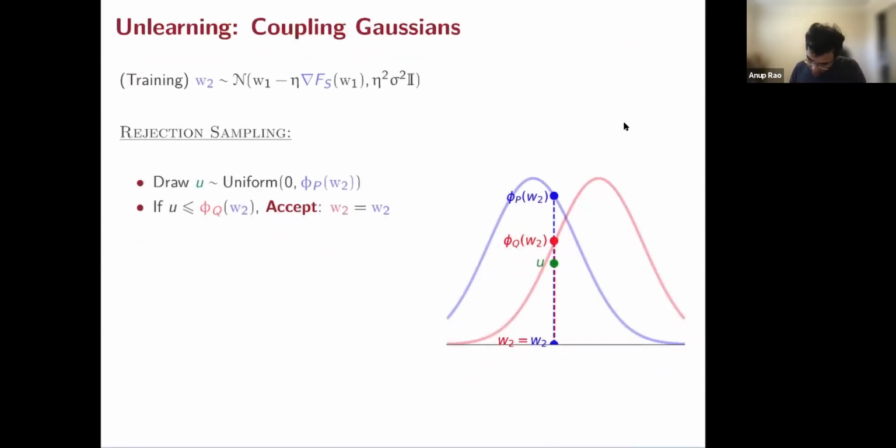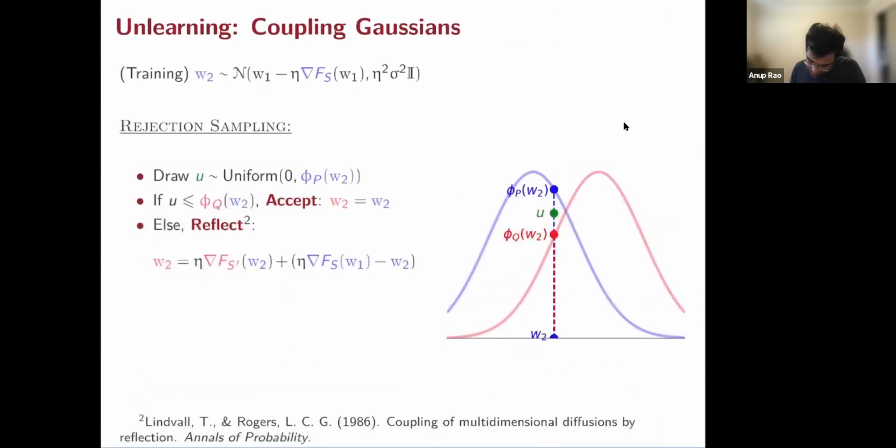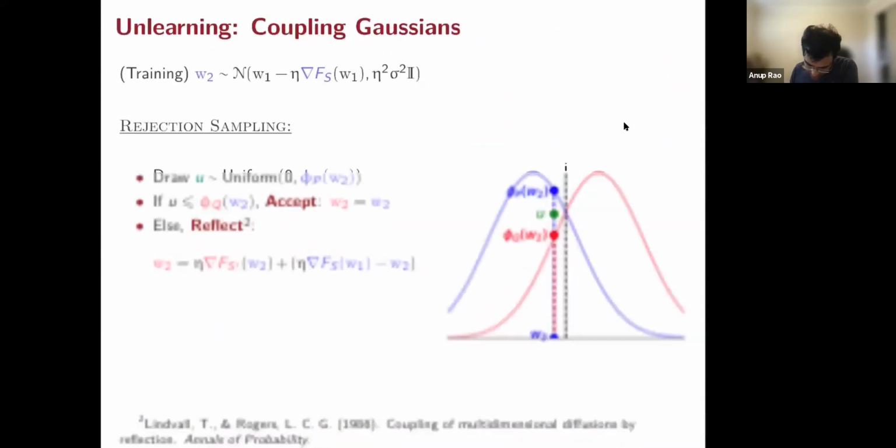In the other situation, where the randomly sampled number U is above the red curve, there is a way to do coupling of normal distributions which is very efficient, instead of this kind of iterative resampling, and that just does reflection.